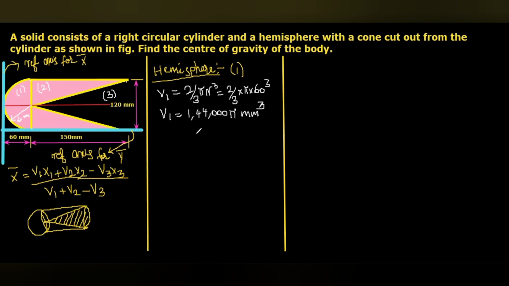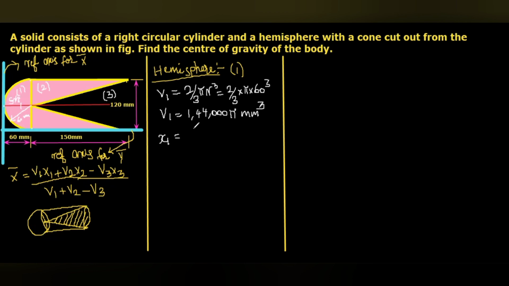Then X1. We know that X1 from this point, because this is the reference, this distance, that will be 5r by 8. That is actually 5r by 8.